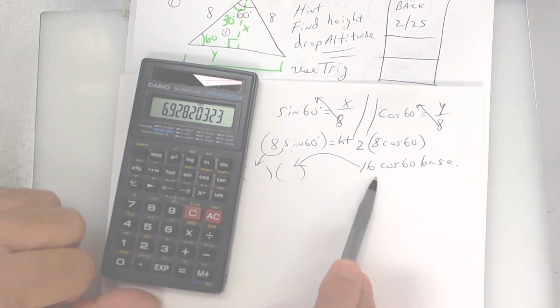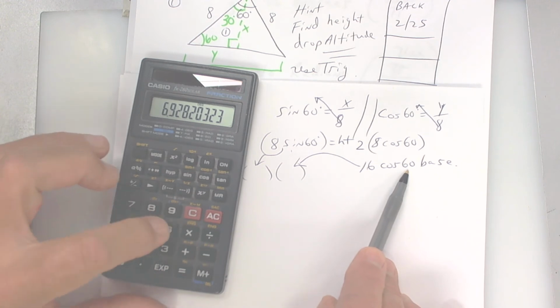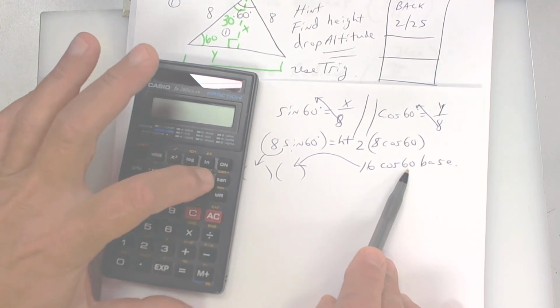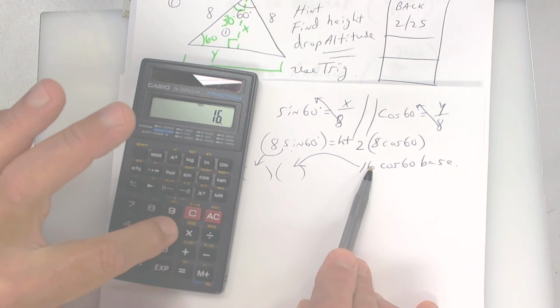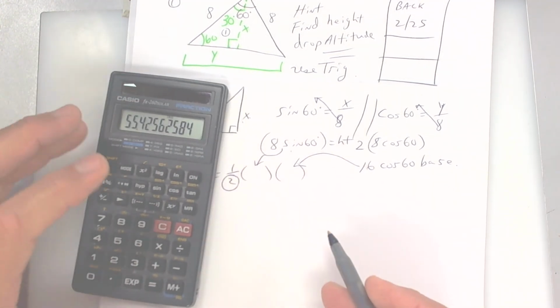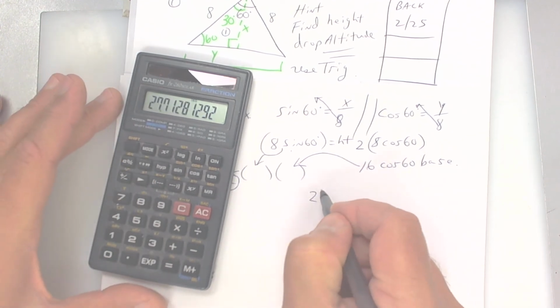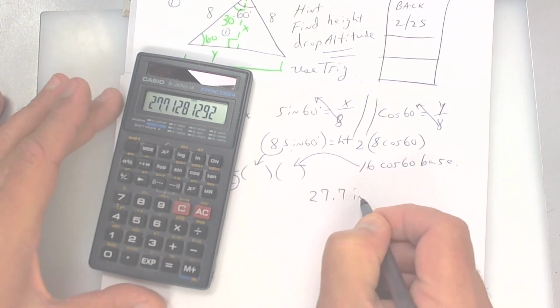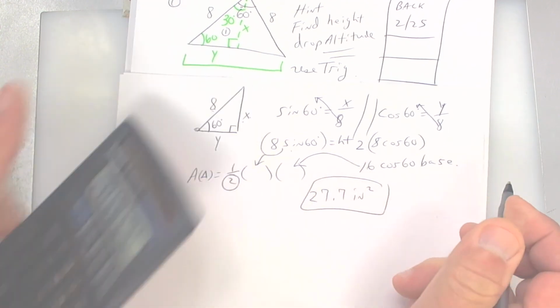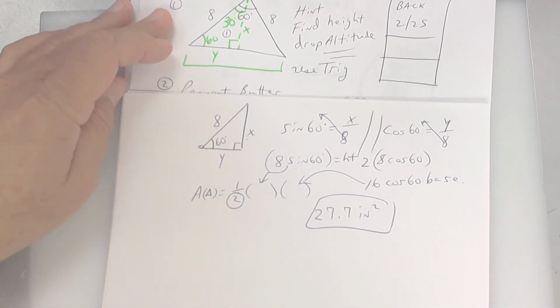And then I'm going to do times 60 cosine times 16, press equals. And the last thing you're going to do is divide by 2. Now make sure you get 27.7 square inches. It's area. And that's how you do that. And you need to be able to do that if you're going to be successful on some of these problems.